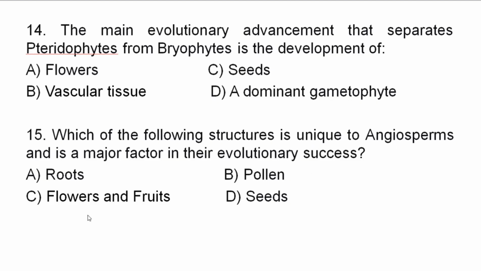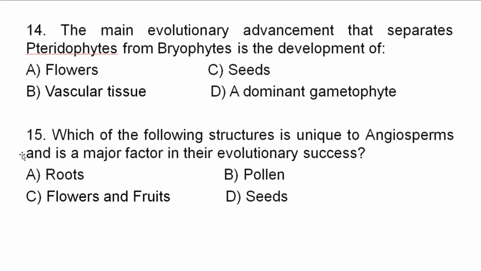Good, I think you got the answer. Flowers and fruits. Flowers and fruits are the two unique characteristics or features of Angiosperms. That's the reason why Angiosperms are the most advanced and diverse group in the plant kingdom, Kingdom Plantae.